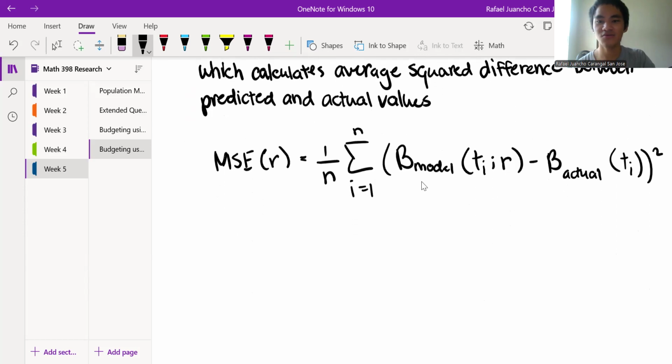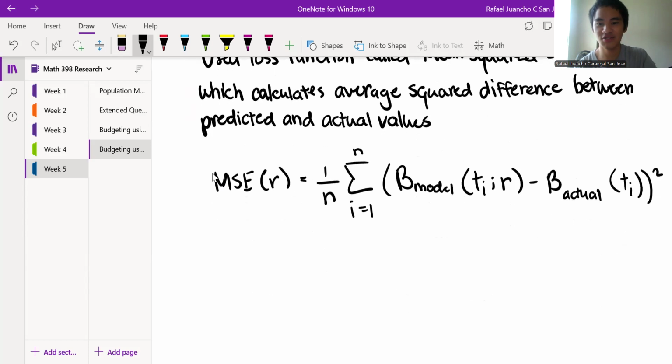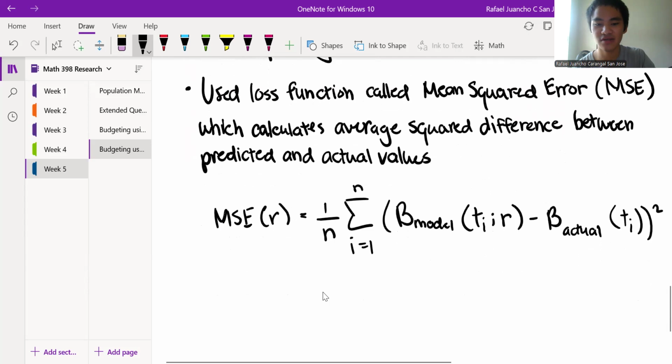Once I do that, I divide it by the number of those values, which is n. And that's how I get R, or it's actually based on R, I think. But yeah, the mean squared error, that's how it helped me fit the data to the curve. Okay, cool.